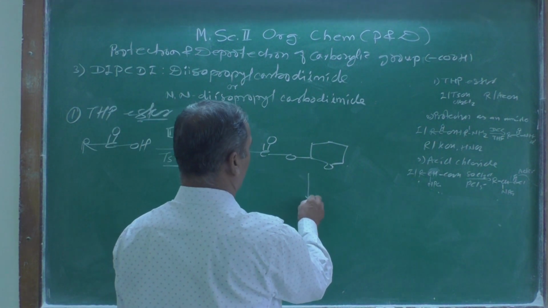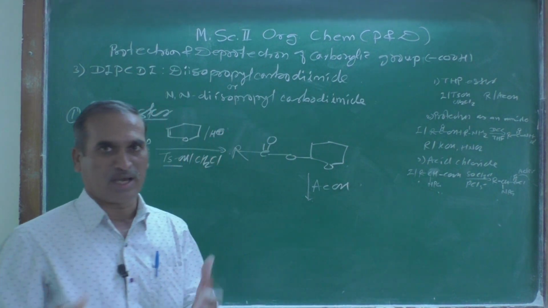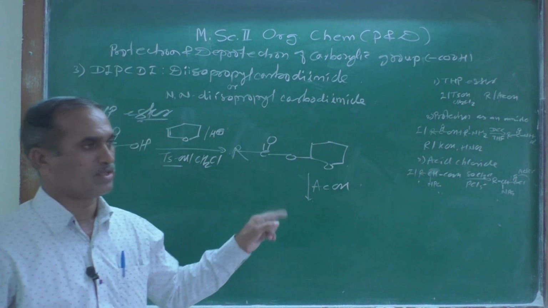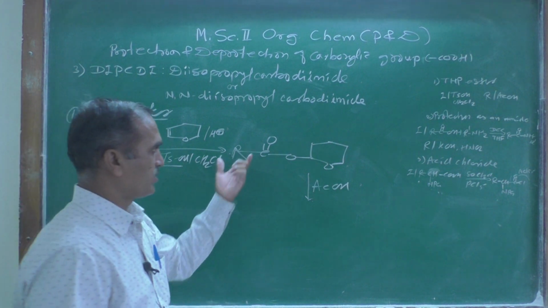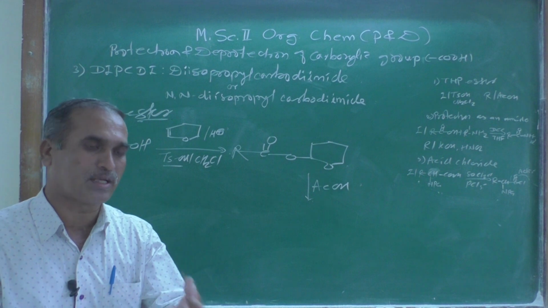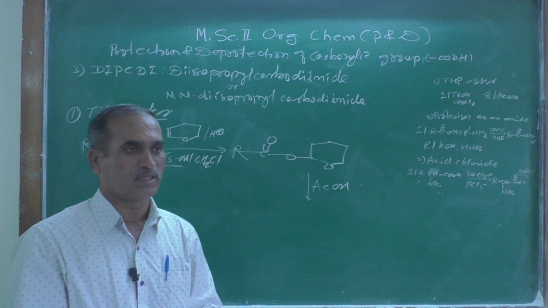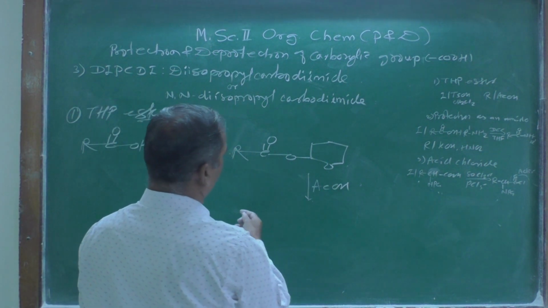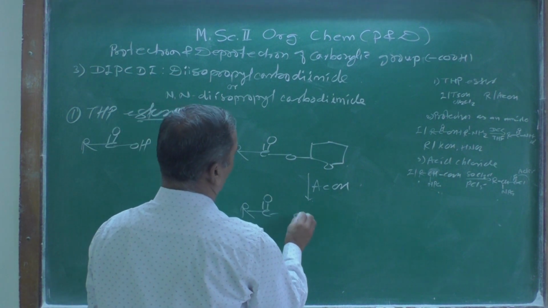Now deprotection can be done by using AcOH, meaning in an acidic condition it can be removed. This group is highly stable toward oxidizing as well as reducing reagents, but it gets cleaved, and we get our desired product by just treating with mild acetic acid, or in acidic condition, and you will get back RC double bond OH.